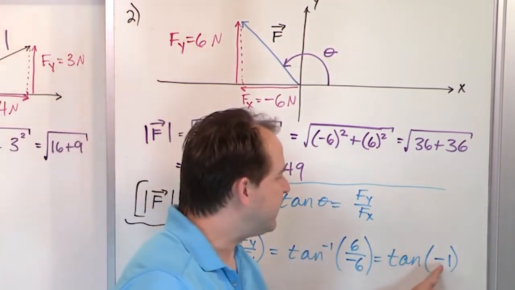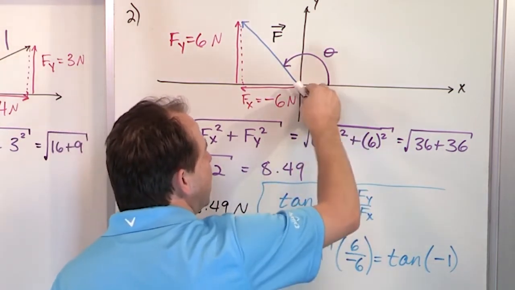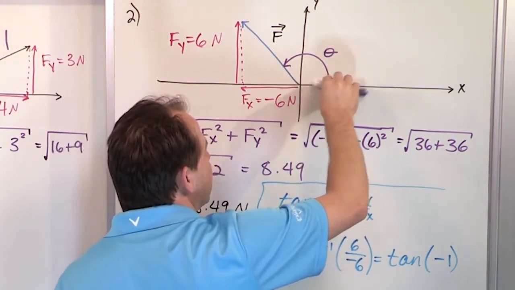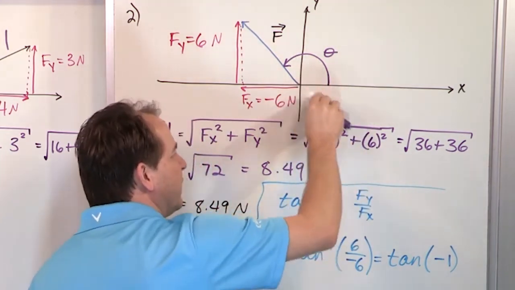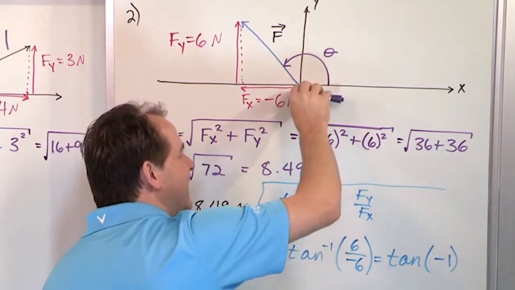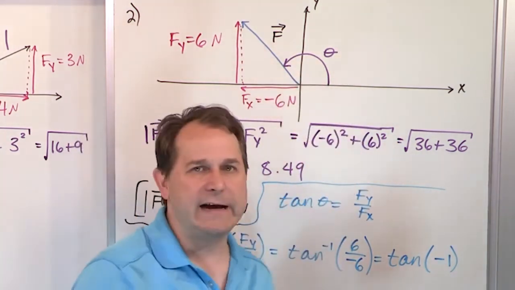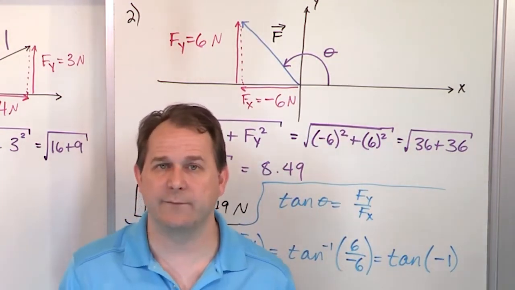When you divide them, you get -1. But think about it. If you had a vector pointed down below here, it would have a positive x component and a negative y component. So if you had a y which was negative and an x which was positive, you would divide -6 by 6, and you would still get -1.